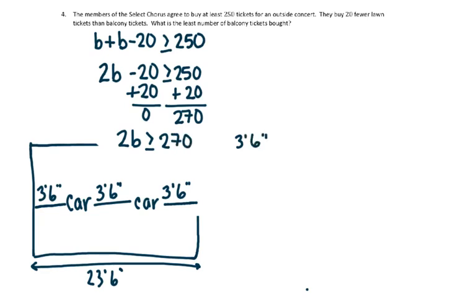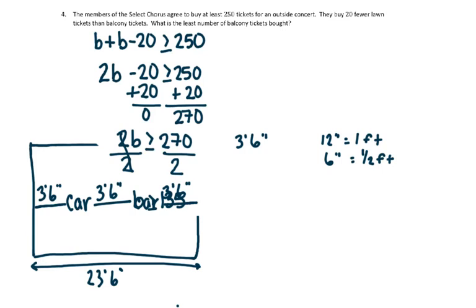And once I get that B all by itself, it's going to tell me the least number of balcony tickets that they bought. So since that 2 is being multiplied by the B, I'm going to divide both sides of my equation by 2. And so I end up with B is greater than or equal to 135, meaning that the least number of balcony tickets that was bought was 135.